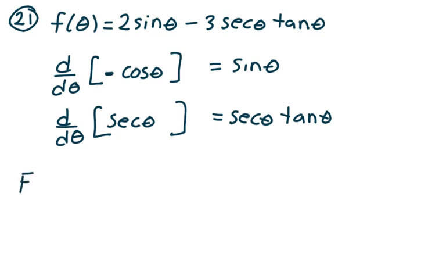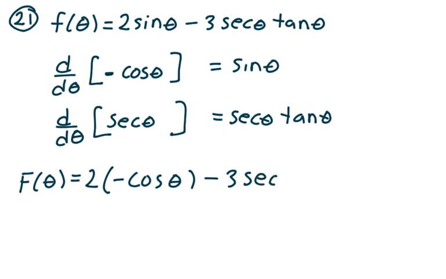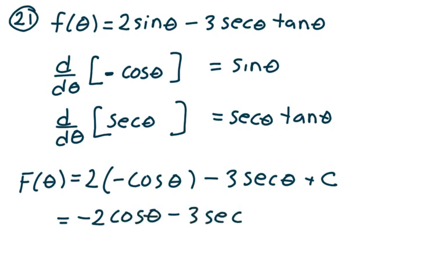And so capital F of theta is 2 times negative cosine theta minus 3 secant theta plus c, which is negative 2 cosine theta minus 3 secant theta plus c. You're done. That's problem number 21.